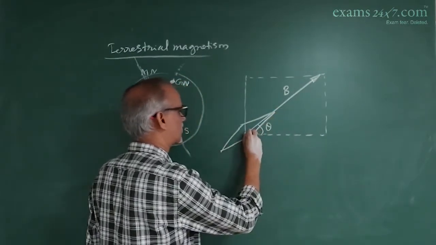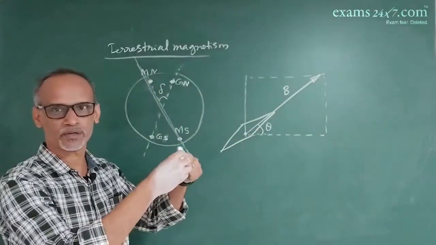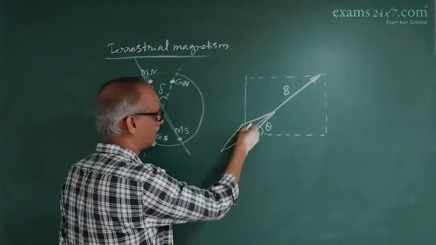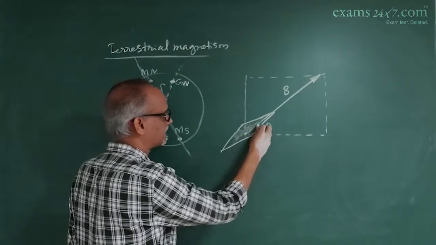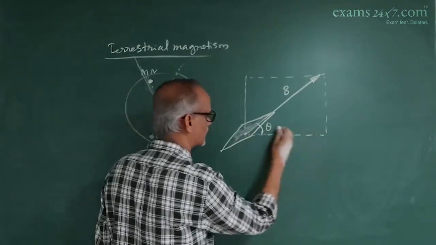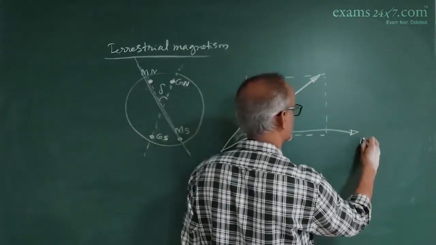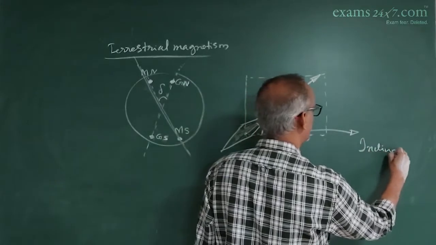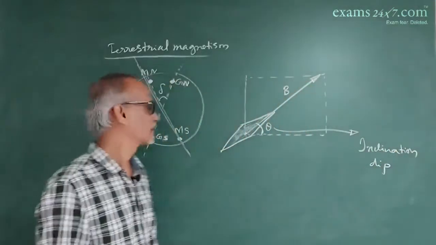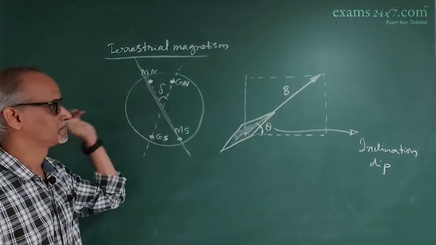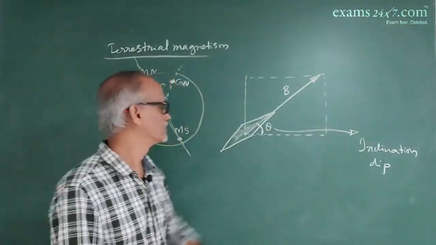That is, the axis of rotation is horizontal. And when the needle is inclined like this, it remains inclined with an angle theta with the horizontal. So that's why this particular angle is called inclination, or is also called a dip. This is declination. This is inclination.